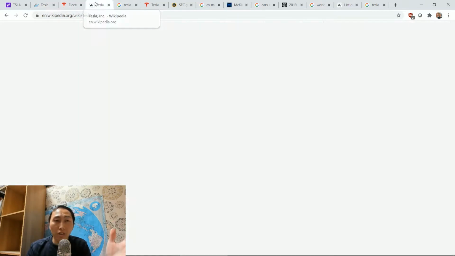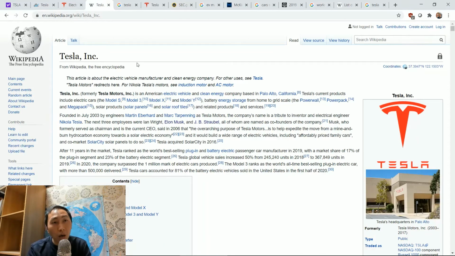So what I usually find useful is something like Wikipedia. Wikipedia numbers should be taken with a grain of salt, but I find it's a great way to summarize what this company does sometimes. Very quickly here, I can just see very short paragraphs of what this company does. It's an electric vehicle and clean energy company based in Palo Alto, California.